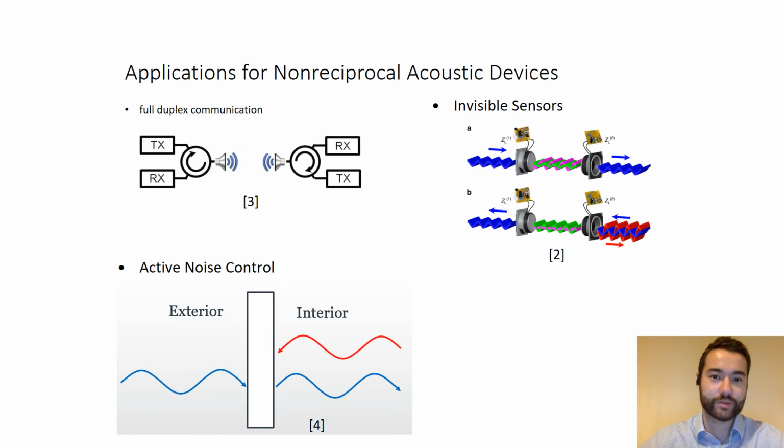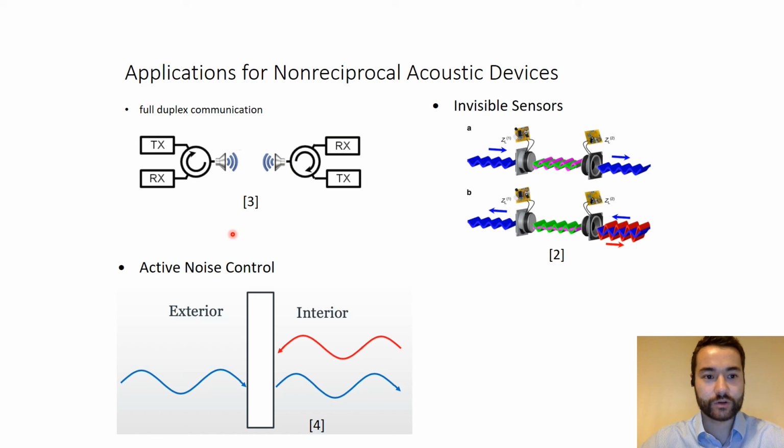The results presented on the previous slide show that we're able to achieve broadband non-reciprocal sound transmission and absorption using active control. So now I'm going to briefly explain the applications for non-reciprocal acoustic devices. As I mentioned previously, you can use it for active noise control, where you want to detect an exterior sound field whilst not being detected, so the interior noise is blocked or reflected.